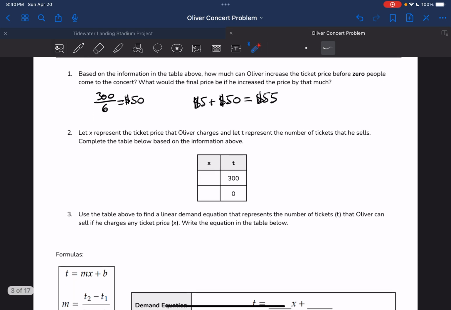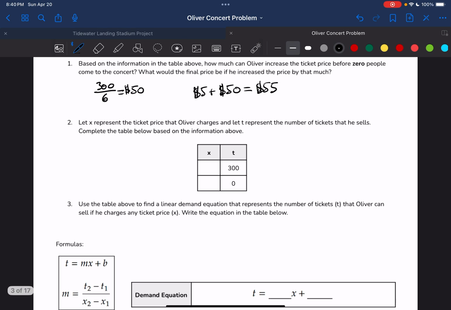Looking at the table down here, let X represent the ticket price that Oliver charges and T represent the number of tickets that he sells. So X is our ticket price, and T is the number of tickets that he sells.